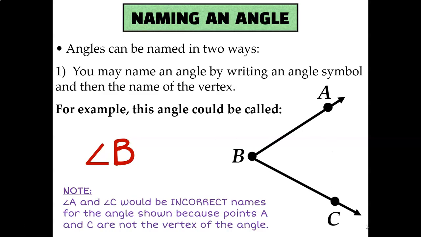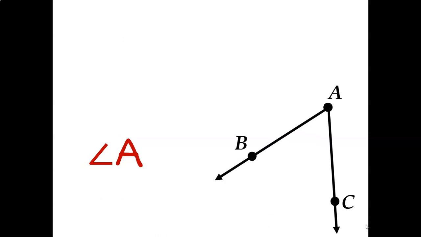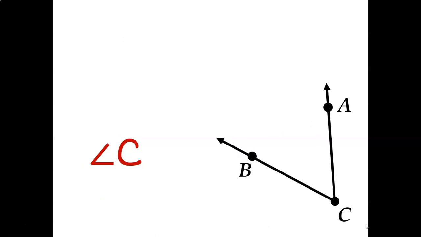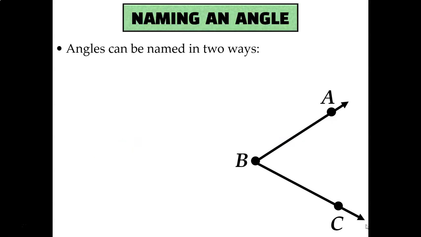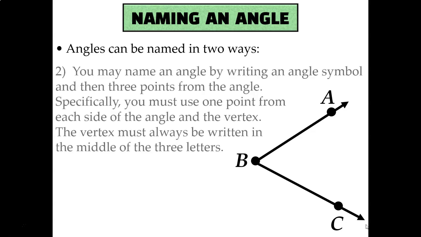It's angle B if B is the vertex, angle A if A is the vertex, and angle C if C is the vertex. However, there is another way to name an angle using all 3 of the points on the angle, but those 3 points have to be written in a certain order. Specifically, the vertex has to be written in the middle.